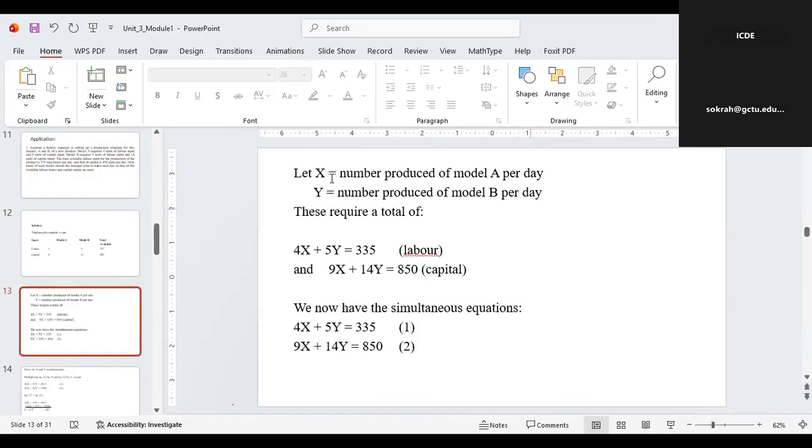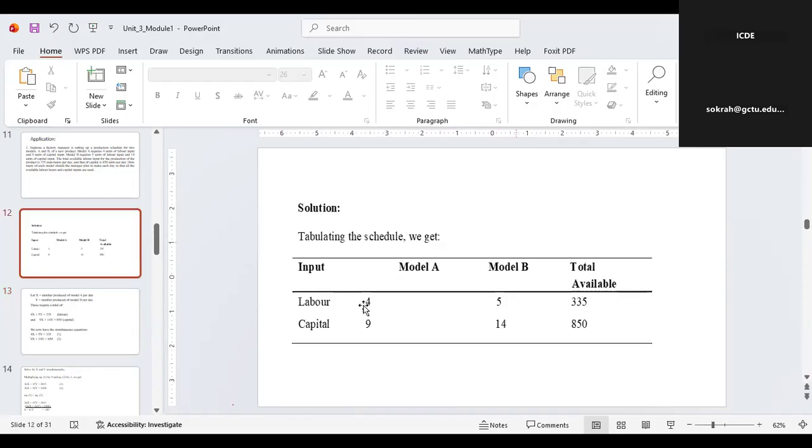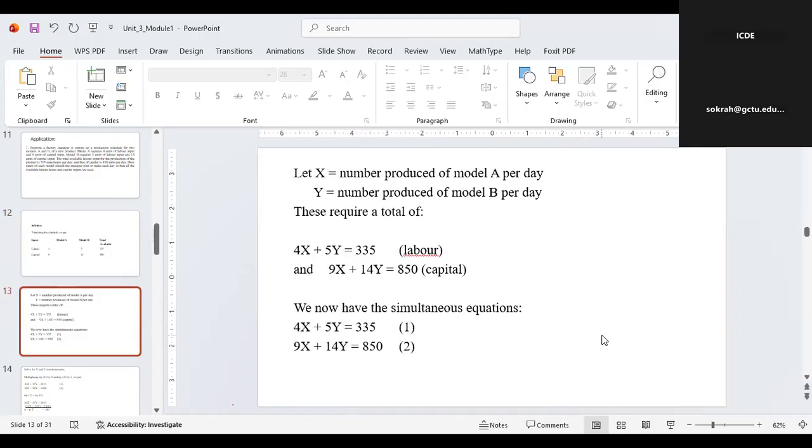Where you see X, it represents product from model A. Where you see Y, it represents product from model B. Now, let's write the equations. If you go to the table, 4x plus 5y will be equal to 335. 9x plus 14y should be equal to 850. So those are the two equations. Then you just use the simultaneous equation method that we have just learned.